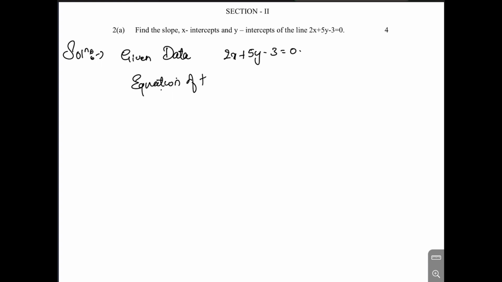the equation of the line is given by y equals to mx plus c. Let me consider this equation 1 and equation 2.